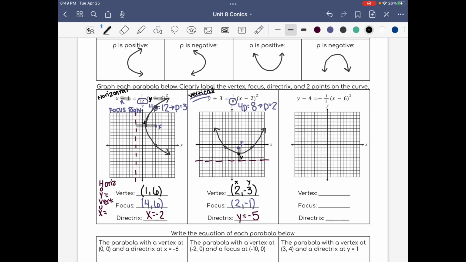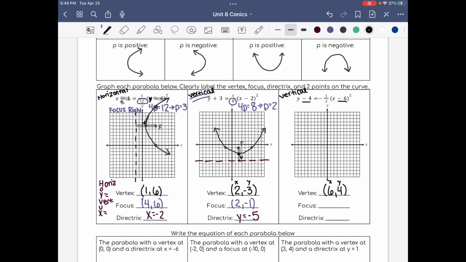One more, and then we'll talk about the equations. So the next one is also going to be vertical because y is not squared. The vertex is going to be (6, 4). Because again, I'm putting x then y. And it's coming from these two numbers right there and right there.